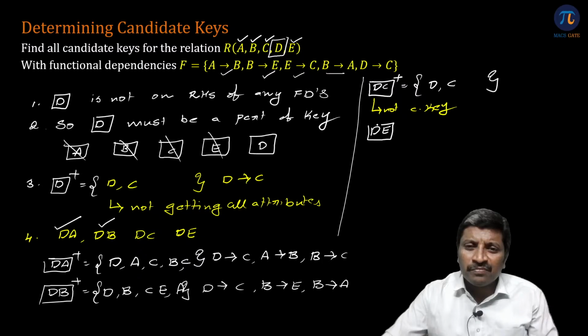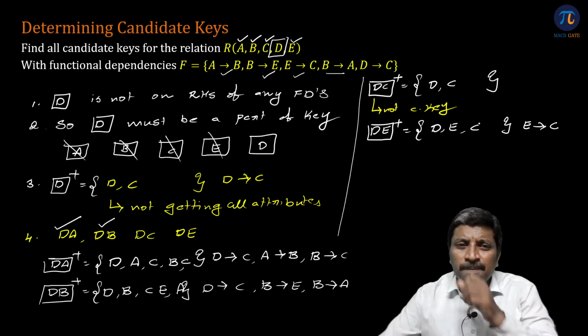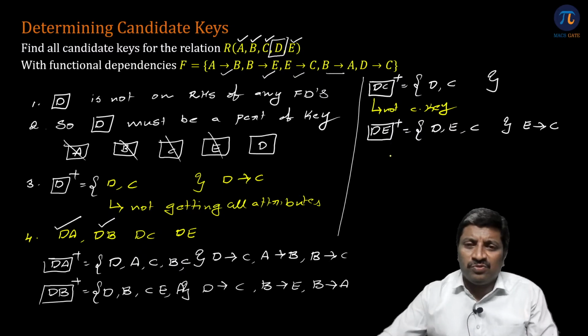DE. With D comma E, I think we can get D, E. Then with the E, I can get C. Anything else? No. So we cannot get all attributes. So this is not a candidate key.